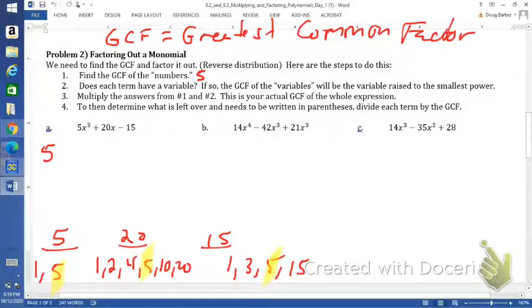Okay. Now, to determine what is left over and needs to be written in parentheses, we're going to divide each term by the greatest common factor. So what's going to go in parentheses? Divide each of these 3 terms by 5. 5 divided by 5 is 1, so 1x cubed, or just x cubed. 20 divided by 5 is 4, so plus 4x.